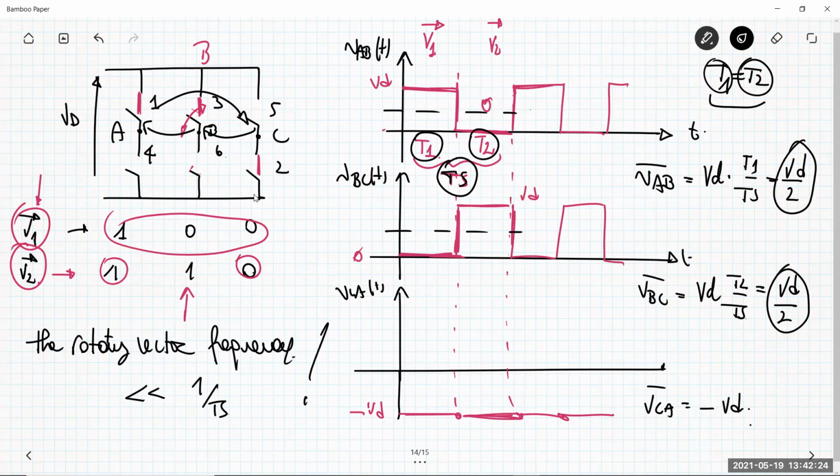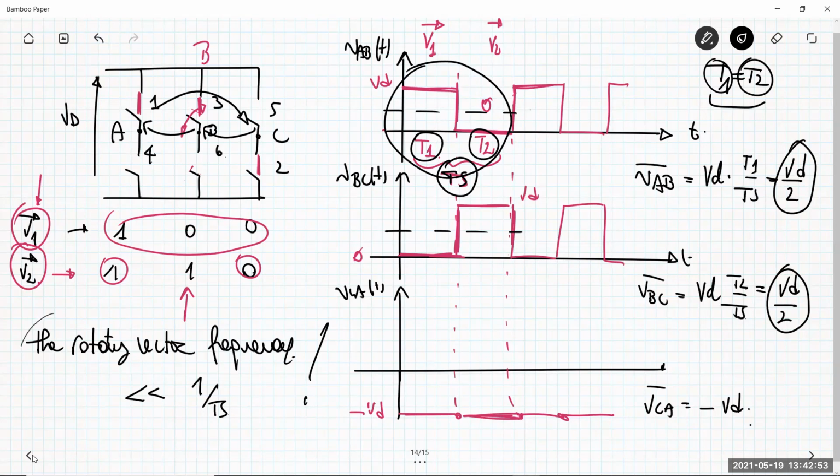Okay, this is exactly what I was saying before. Maybe it was not completely clear at that time, but here I think it should be a little clearer. I can apply this vectorial combination by using static vectors in order to synthesize something, but the vector I want to synthesize must not move during TS. Otherwise, my computation fails and is not correct.